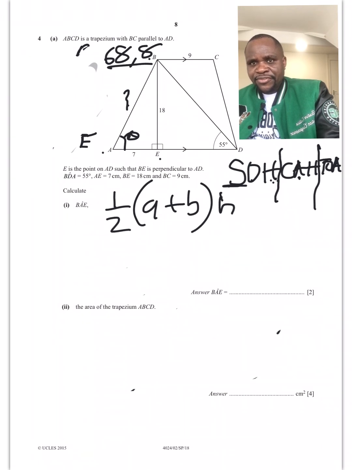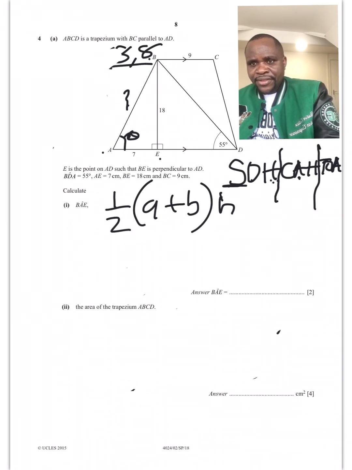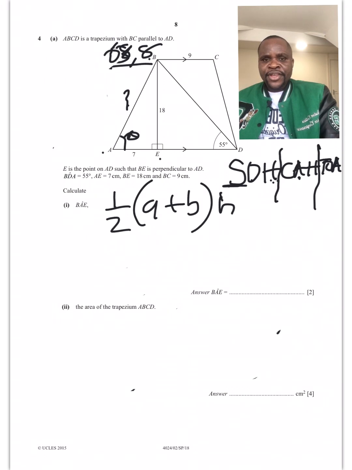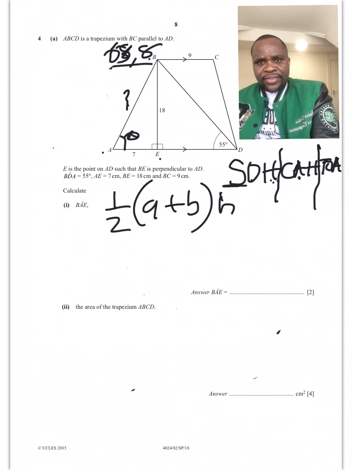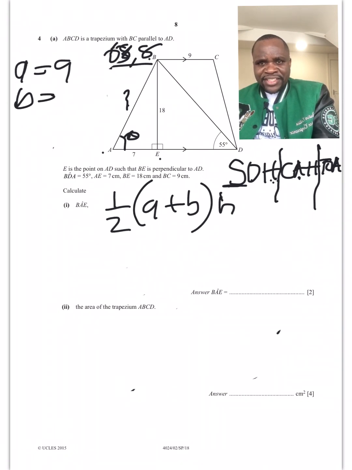Let me write it from there. Sorry, that one is 68. We're going to use that one. All right, so we make sure that our A is equal to 9, when you look there. And then our B is the one which is missing.